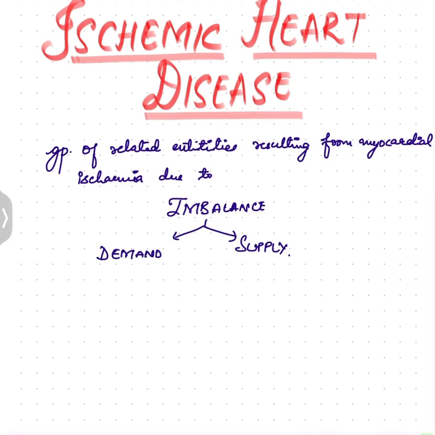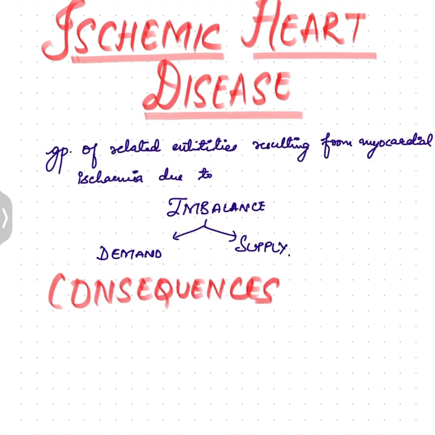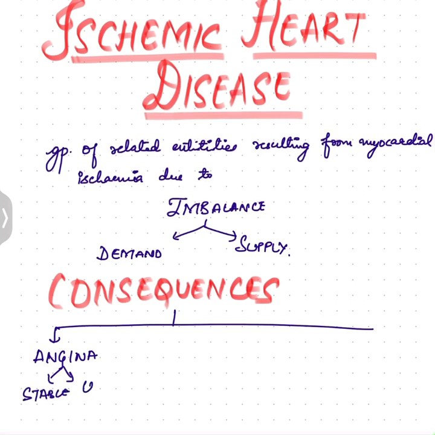अब इसके consequences क्या होते हैं? The consequences of IHD are, there's angina. You have studied angina. There are two kinds of angina. You have stable angina and you have unstable angina.